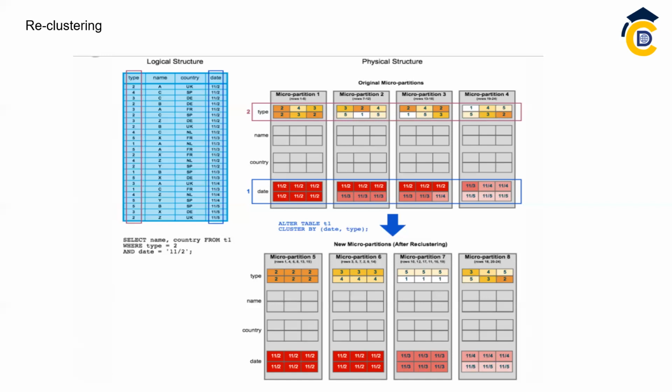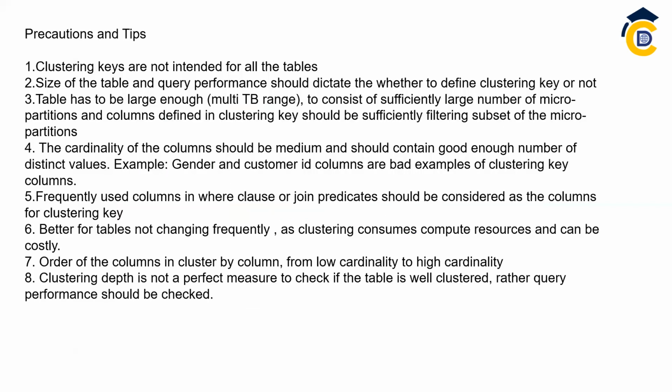Okay, for 10 rows, you will not create clustering. You will leave it to Snowflake, because there are some points you need to understand when you want to recluster. We are anyway going to come here.